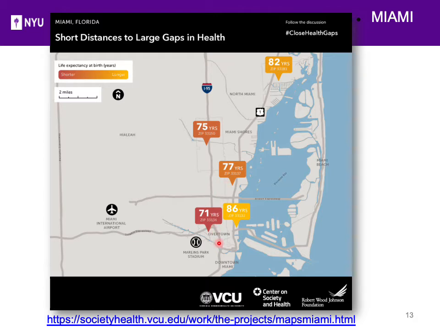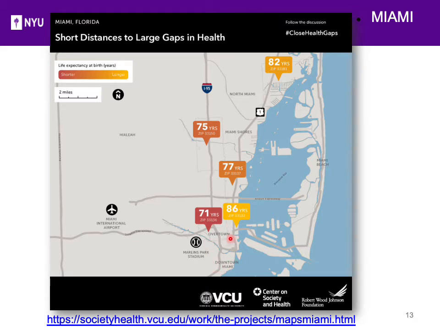Again, similar to what has been seen in New York City and Washington, D.C., the same disparities that existed in those urban centers also exist within Miami, where we see that there are disparities in terms of life expectancy based on zip code, from 71 to 86 in some parts of Miami.